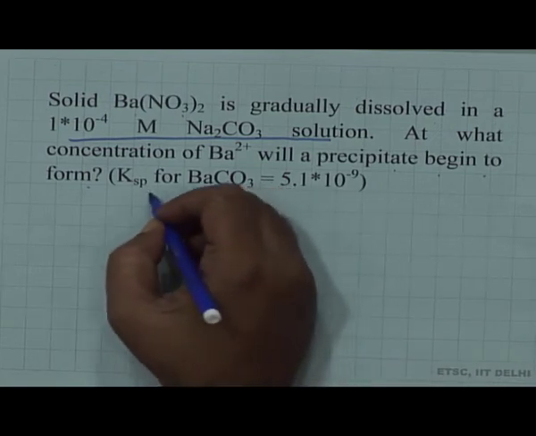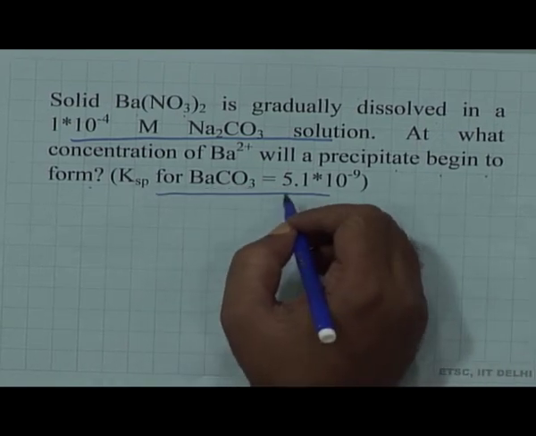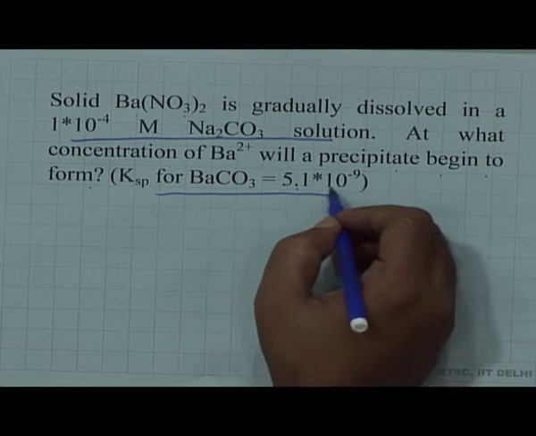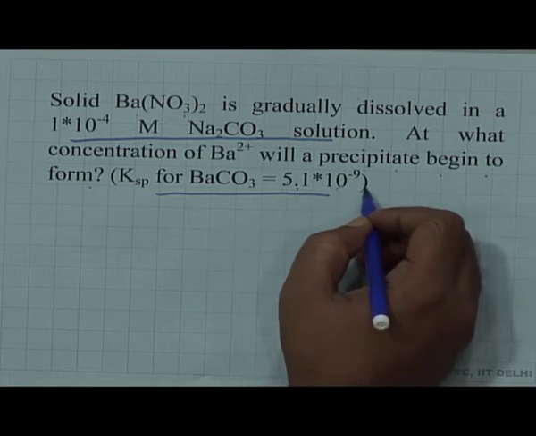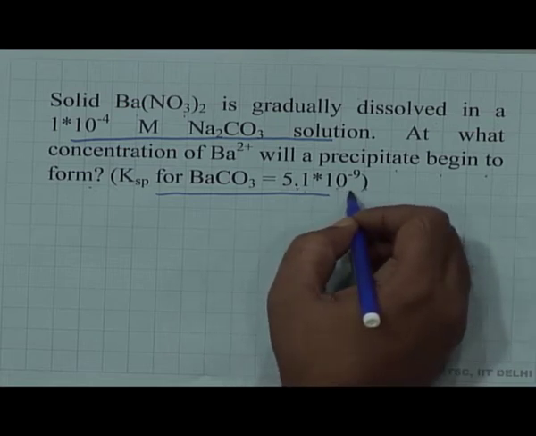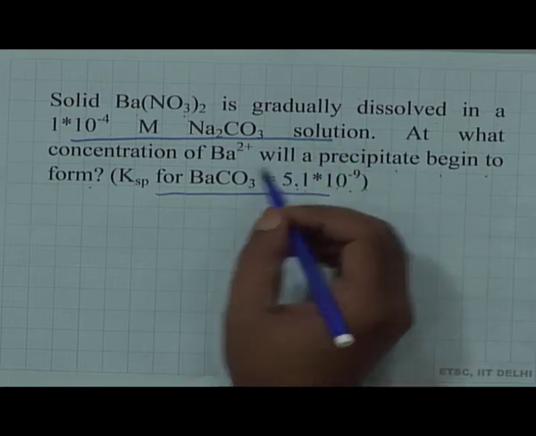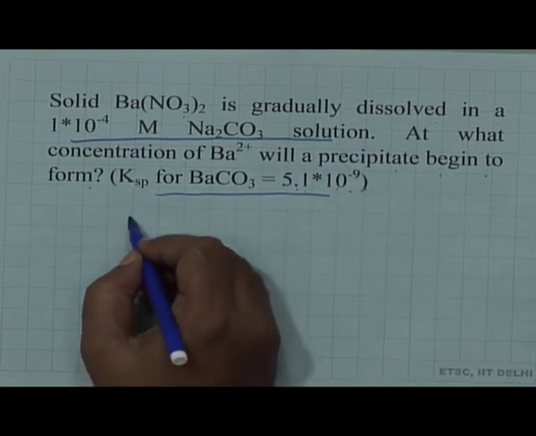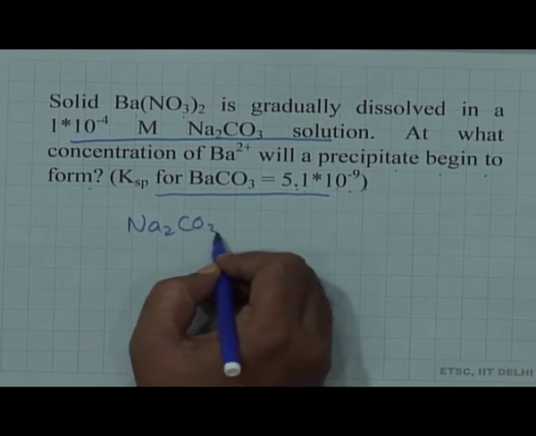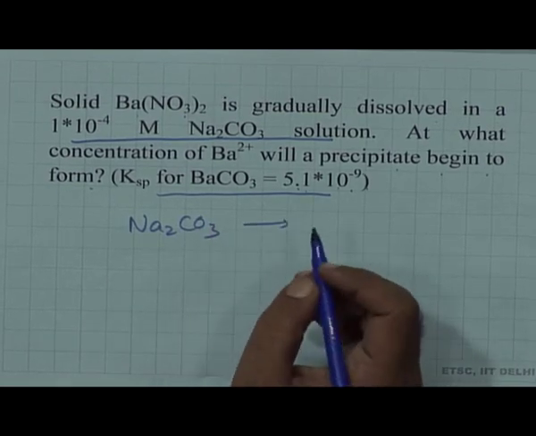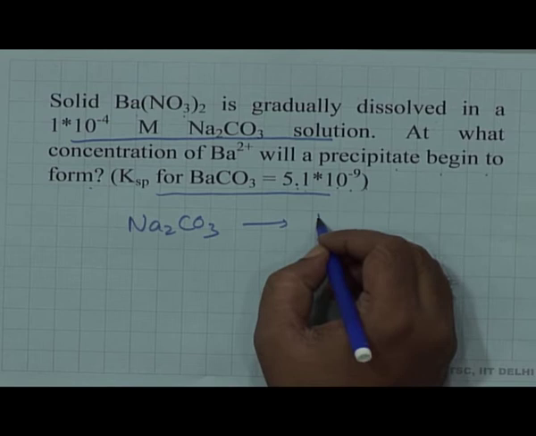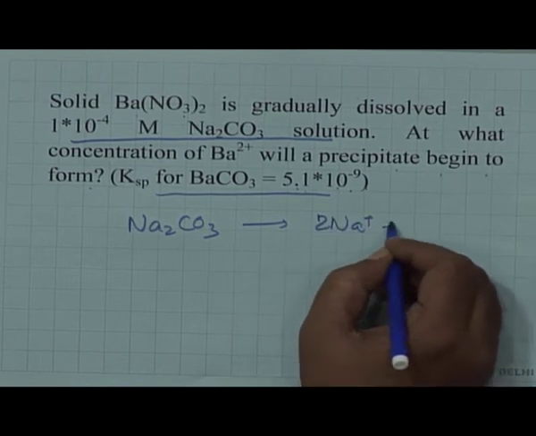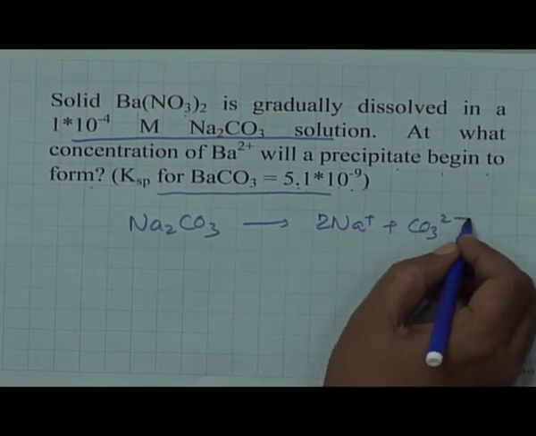Ksp of barium carbonate is given, that is 5.1 into 10 to the power minus 9. Na2CO3 gives you 2Na plus and CO3 2 minus.